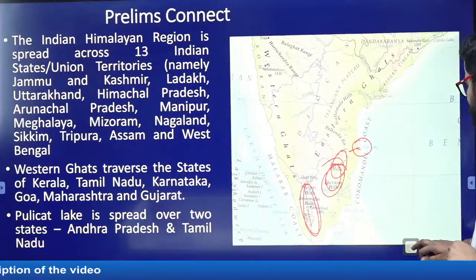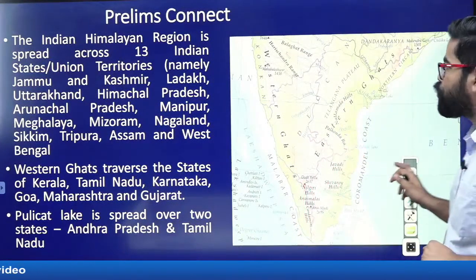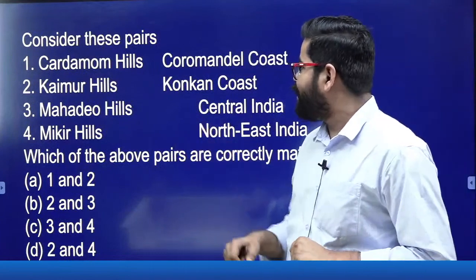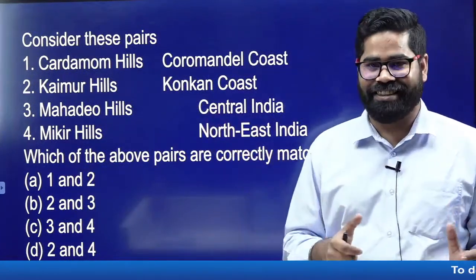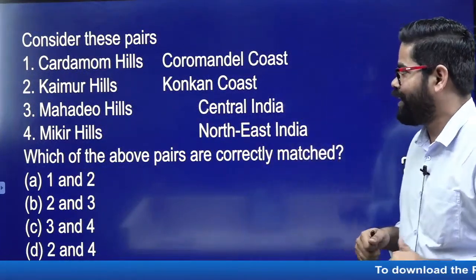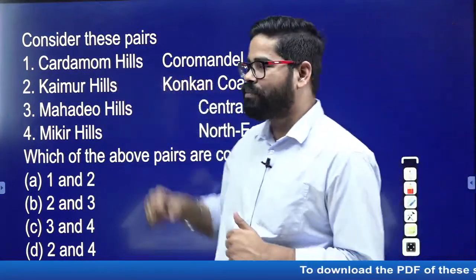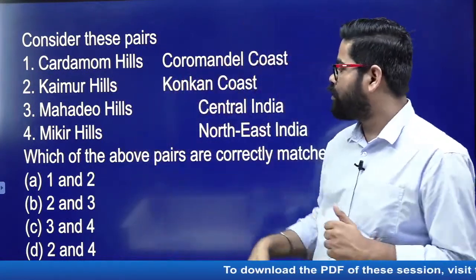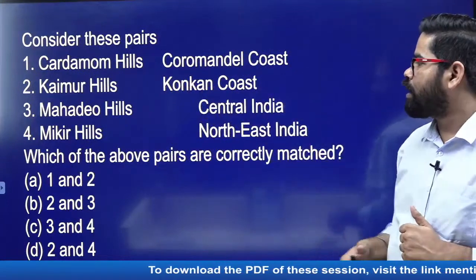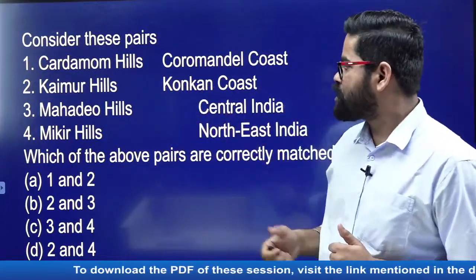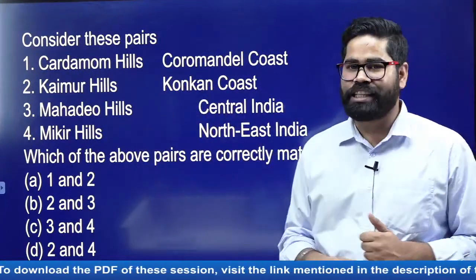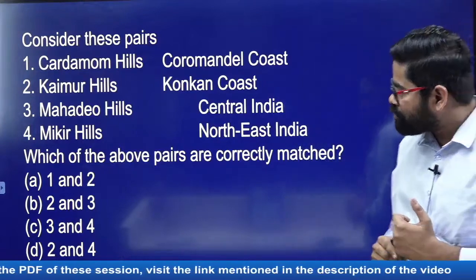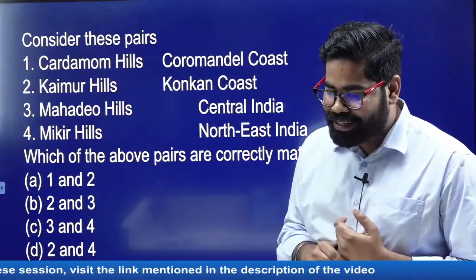Okay. Now the next question we have is again about hills and areas. Consider the following pairs. First of all, you have Cardamom Hills, Coromandel Coast. Kamur Hills, Konkan Coast. Mahadev Hills, Central India, and Mikir Hills, Northeast India. Okay. So can you tell me which of them are correctly matched?